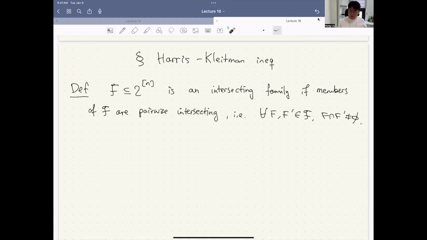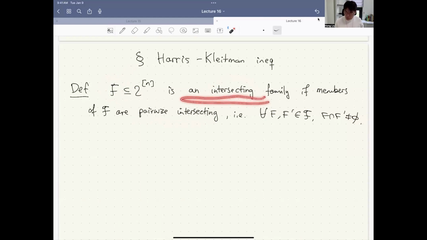Why do I say this is a little bit confusing? Before, when we talk about intersections of geometric objects, when we say a system of sets is intersecting, we usually mean all the sets in this system have a common point. But here, in terms of the Erdős-Ko-Rado type theorem, which we will see probably next lecture, we only care about the pairwise intersection pattern. So the name is a little bit misleading, but I'm going with the convention in the extremal set theory literature.